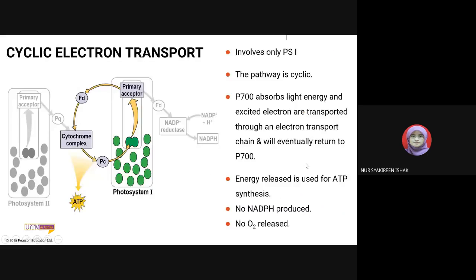Tapi kalau untuk cyclic electron flow, okay, only involves photosystem 1, it is a cyclic pathway. So cyclic tu, kenapa cyclic? Dia melibatkan pergerakan elektron lah, kan. So macam saya cakap tadi, dia boleh juga dipanggil sebagai cyclic photophosphorylation.